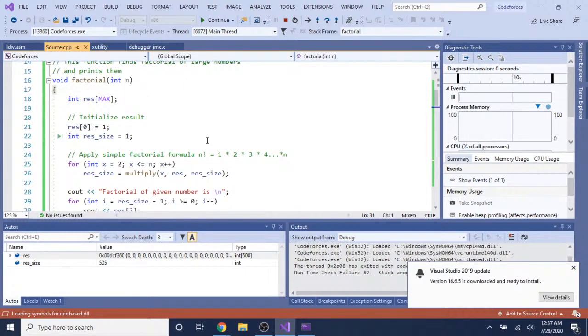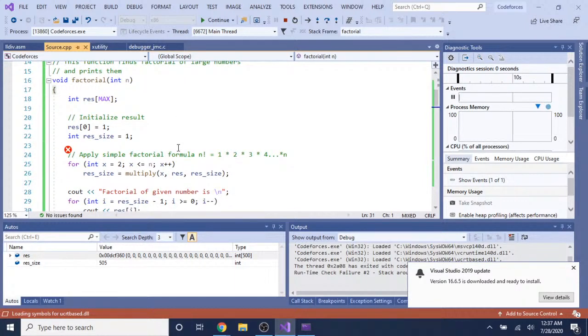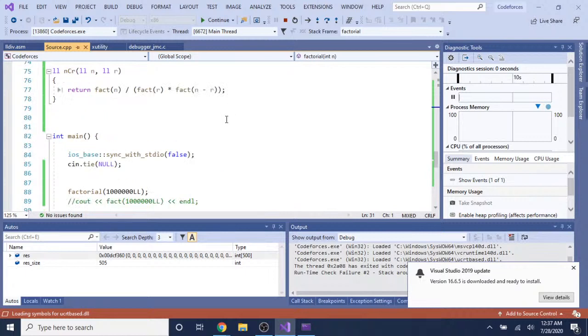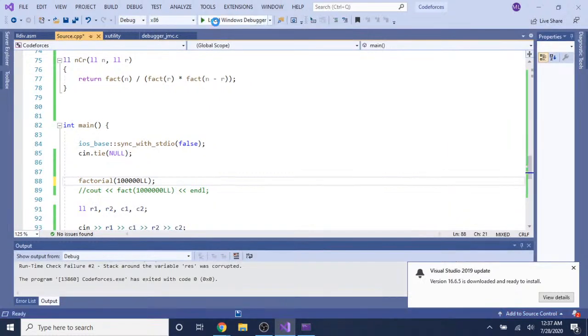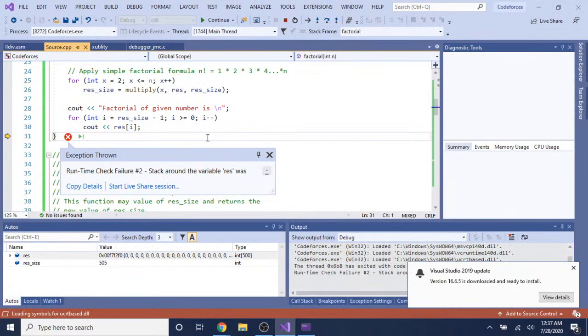Oh, max digits 500. Let's try this size. Still corrupted.